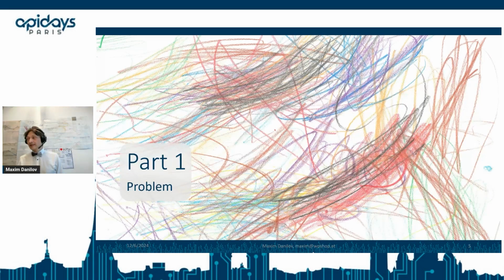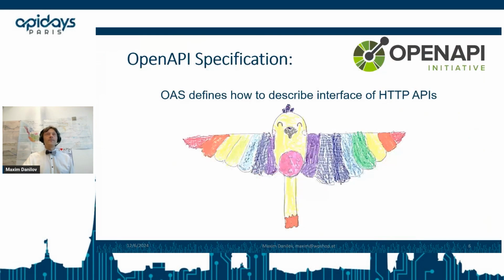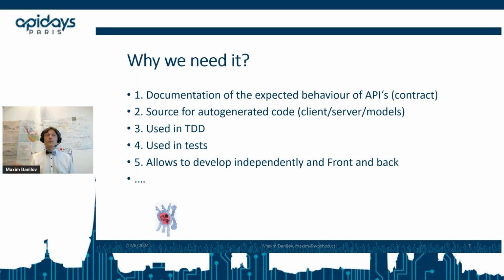And let's go to the problem, part 1. The OpenAPI specification defines how to describe the interface of our HTTP APIs. Why is the OpenAPI specification important, and why do we need it?